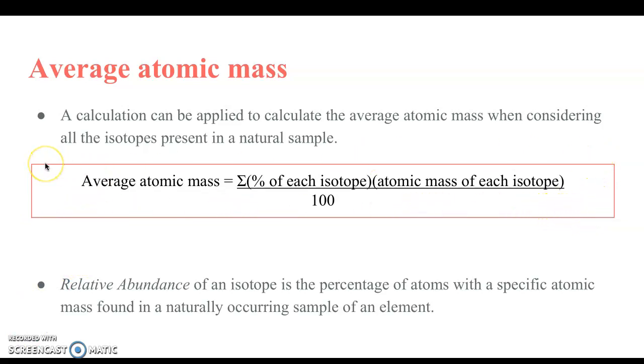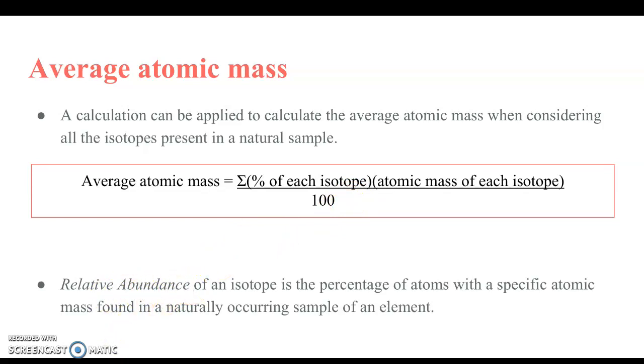Again, average atomic mass is a weighted average, so it's going to take into account the percentage, or how often each isotope occurs, and the actual mass of each individual isotope. Remember that this sum symbol right here means we're going to add together each of these for each isotope. And then we'll divide by 100 in order to get rid of the percentage.